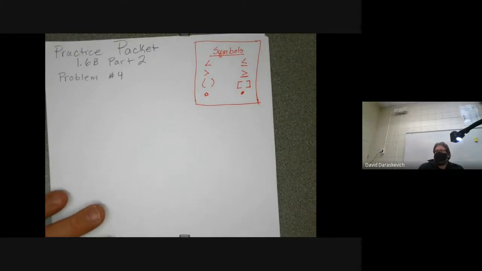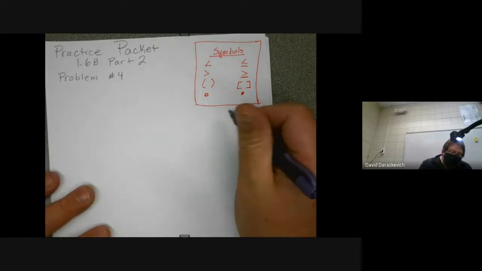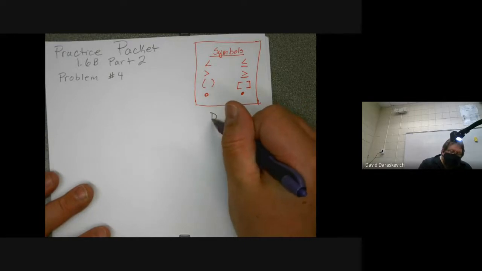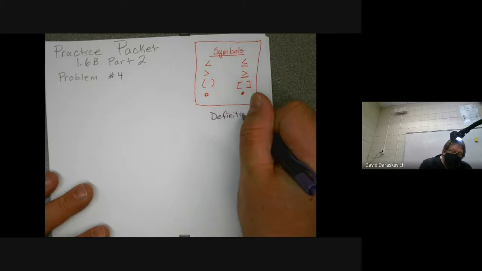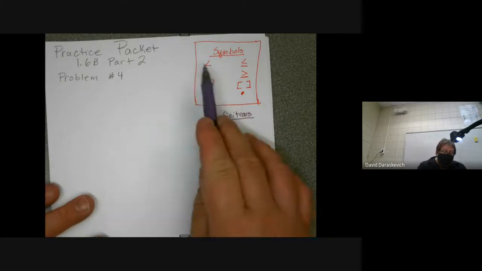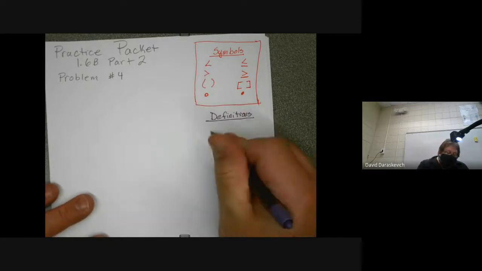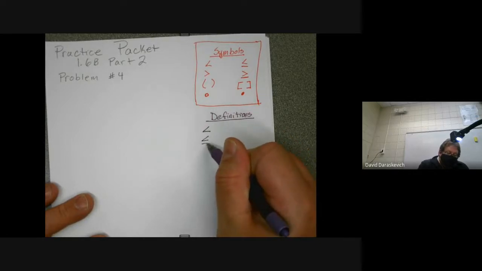Now, let's go over just a couple of definitions for 1.6. This time, I'm going to group these a little differently. I'm going to group these with my less than signs and the less than or equal sign.